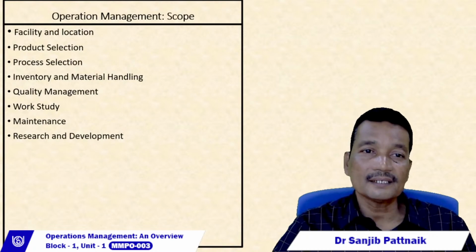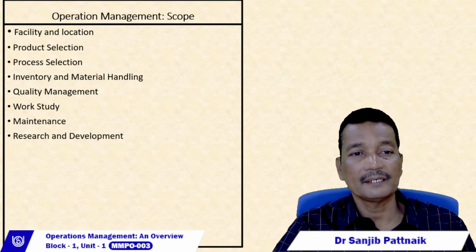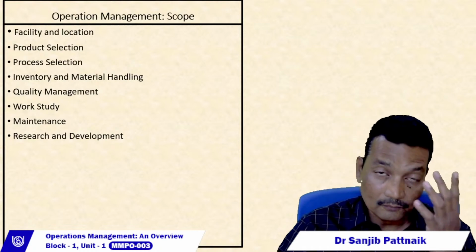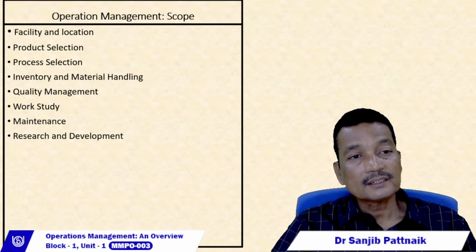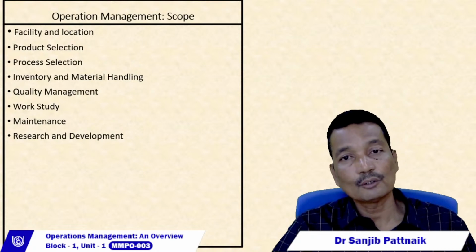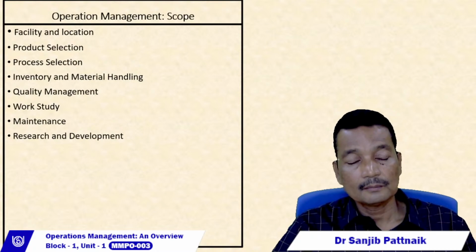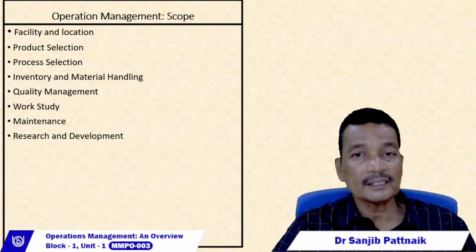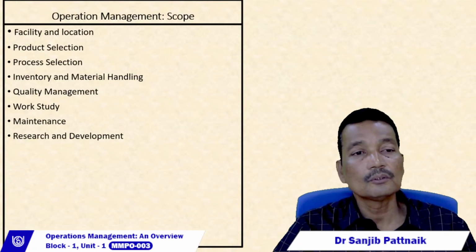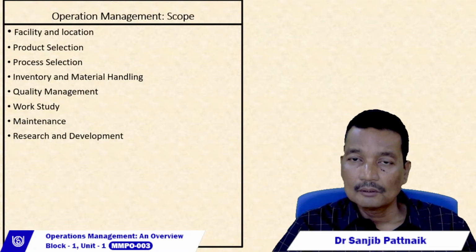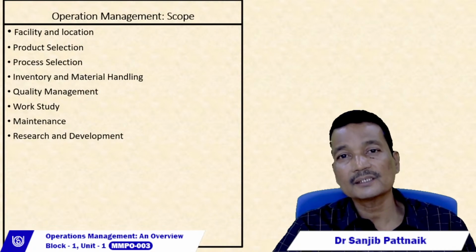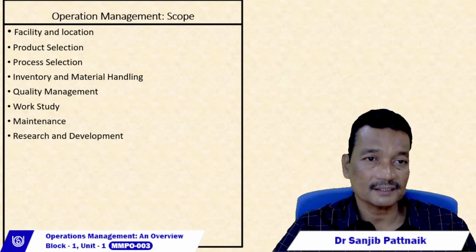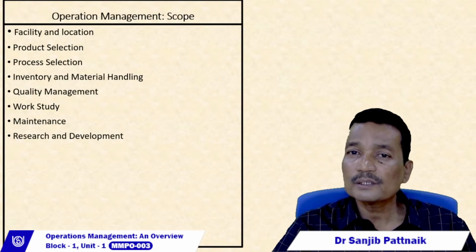Now, in what areas operation management is beneficial or what are the scope of operation management? First thing we talk about is the facility and location. Think about we are going to suppose set up a bakery industry, bakery which is producing the breads, the biscuits, etc. Where should we generally locate it?